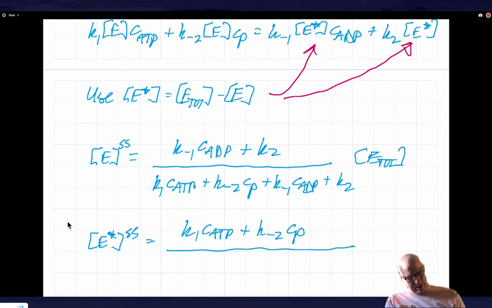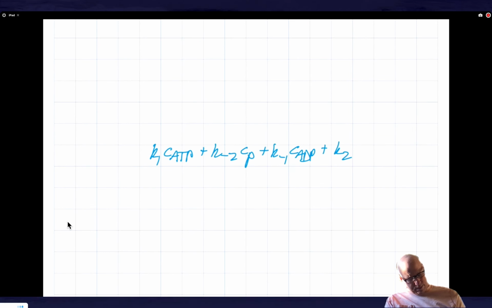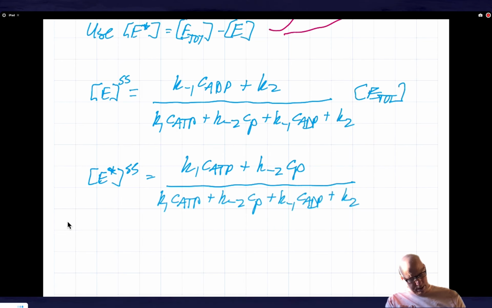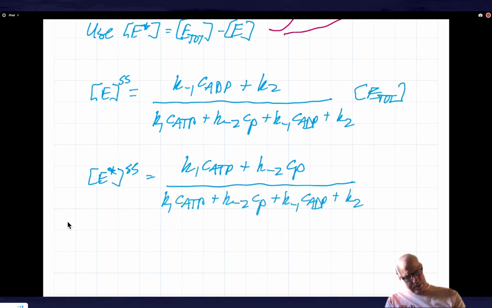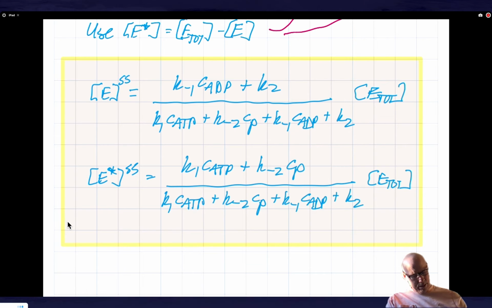So we'll take that denominator, we'll plug it in up here, and then we multiply by E tot. So we have found what we sought to discover, which is the steady state values of E and E star.